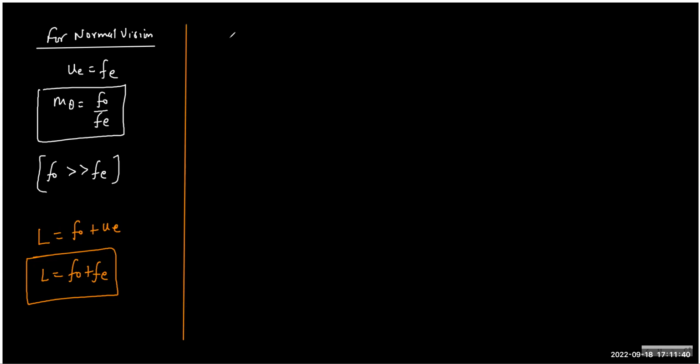The other part is called for LDDV, the least distance of distinct vision. So for the least distance of distinct vision, we have to use the same logic, 1 by V minus 1 by U equals 1 by F. But we have to apply the lens formula for the eyepiece, right?